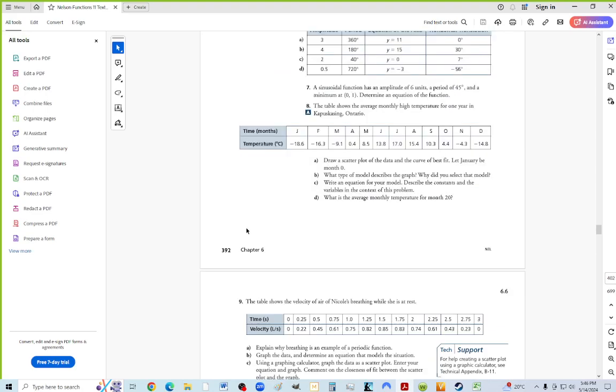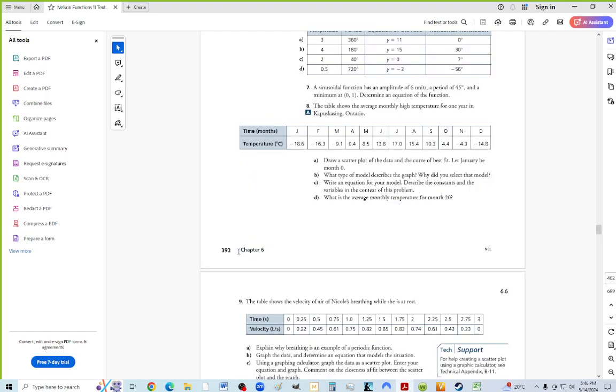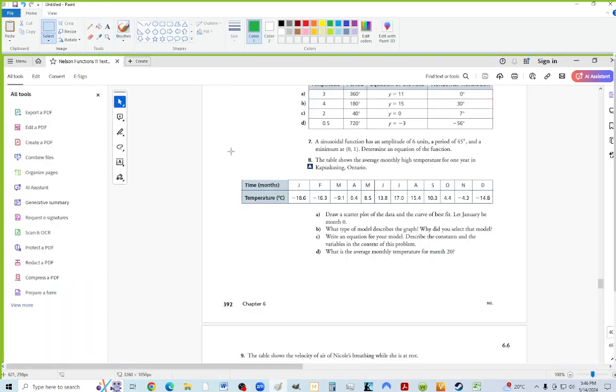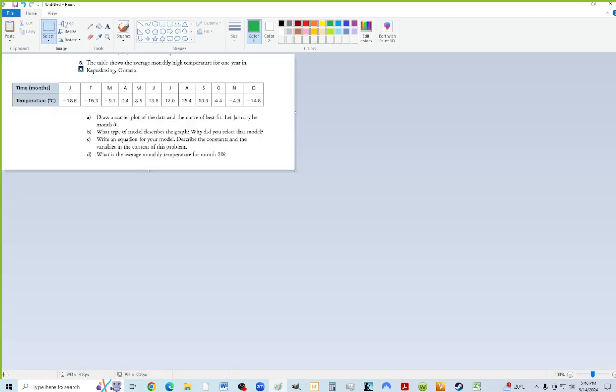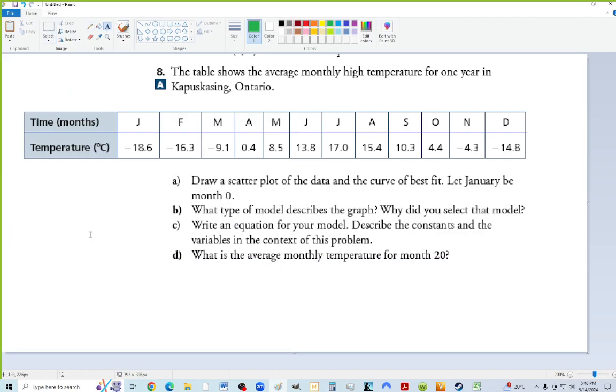So let's take the cold months of Ontario right here. It would be good to figure out what the min and the max is. When given tables, it's good to figure out min, max, and axis.